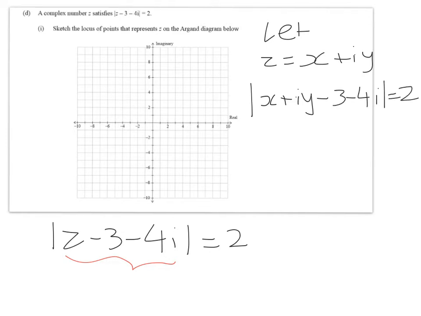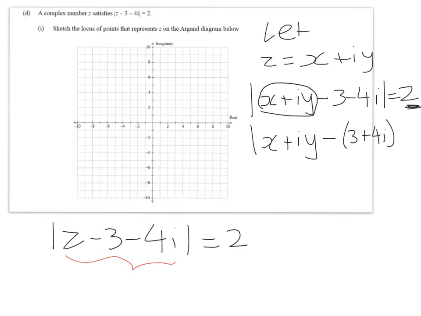Now I'm going to go through the mechanics of how we do this in a second, but first let's look at what it's really asking us for, because it will help us see the solution before we do the algebra. So it's saying, tell me all of the combinations of x and y, so all of the points in the complex plane that are 2 units away from this 3 plus 4i.